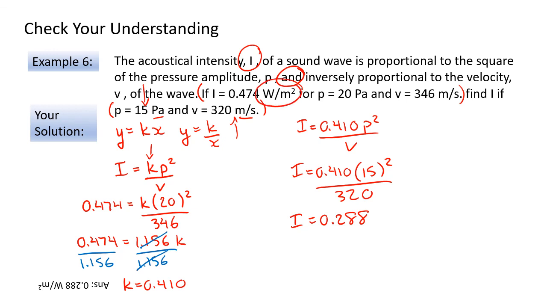I didn't show you the unit cancellations, but it's still going to be in watts per meter squared. I hope you noticed the thought process here. This is very useful when you look at trying to develop an equation to describe something using just the information that you know, starting to make connections between one variable and another.